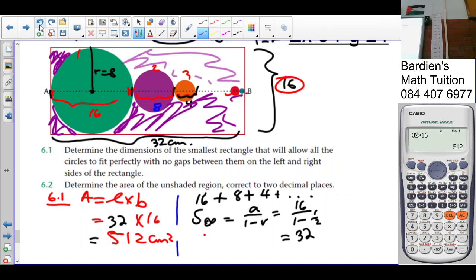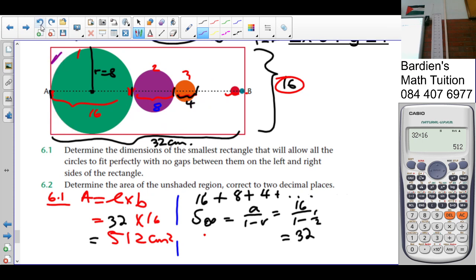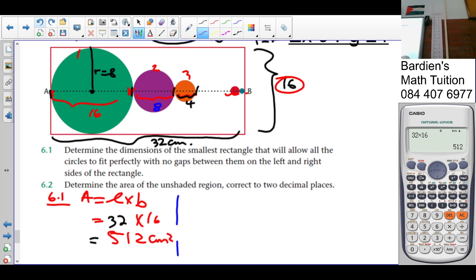How do you think we're going to calculate the area of the unshaded region? It will simply be the area of the rectangle minus the areas of the circles.